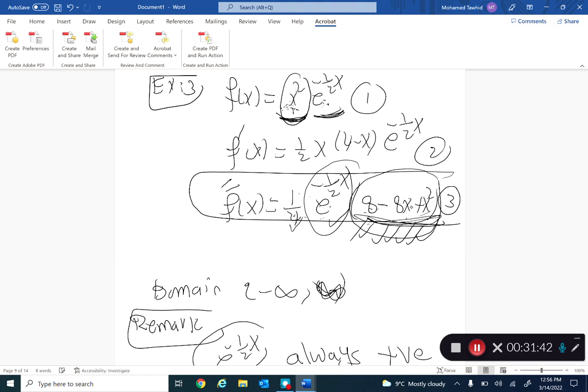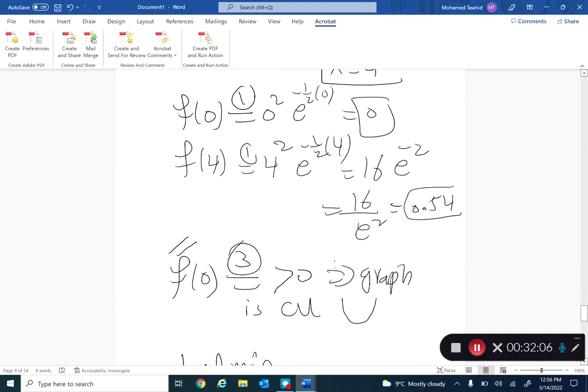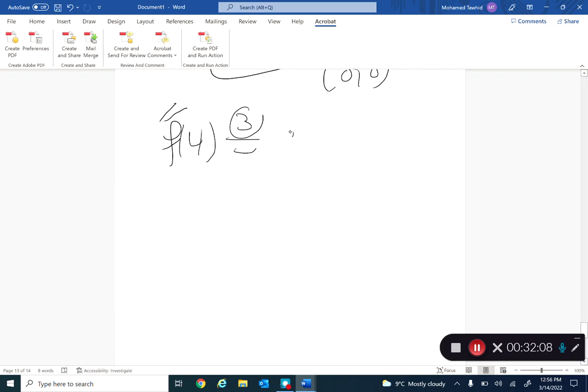So I replace x by 4. You have 8 minus 32, plus 16, so 8 plus 24... you get negative 8, and here positive. So a negative sign here and a positive sign here gives negative. My second derivative at 4 is negative.